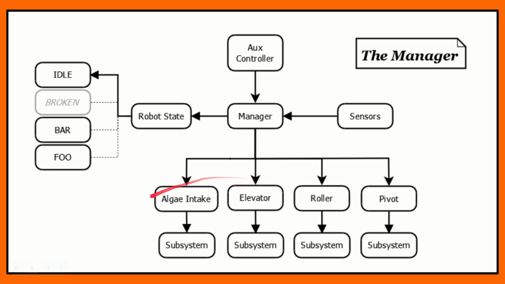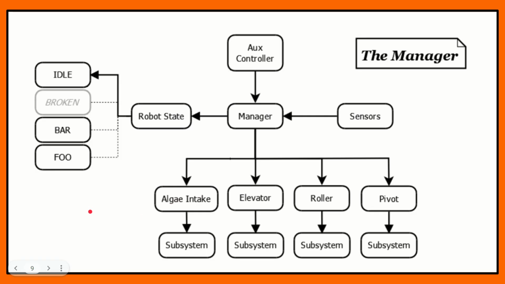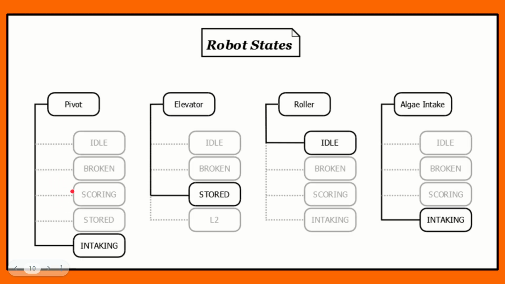Notice we didn't have to change any code down here. We didn't have to touch our subsystems or our handlers. All we did was rearrange the states that make up a robot state, and we added a new one. So now we can have some new behavior that our robot does, and we don't even need to worry a thing about all that other code that we wrote before.